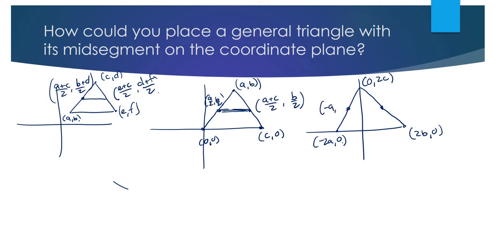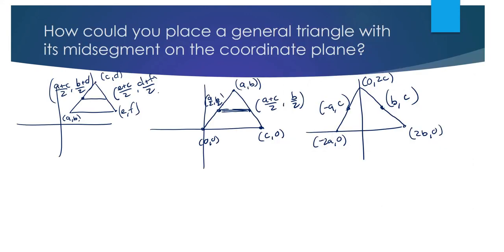Y plus y divided by 2, I just get c. Over here, 0 plus 2b divided by 2 is b, and my y coordinate is c. So I think you can see that by playing around with where I place this on the coordinate plane and what variable terms I can use, I can make this a very difficult problem or a very easy problem.